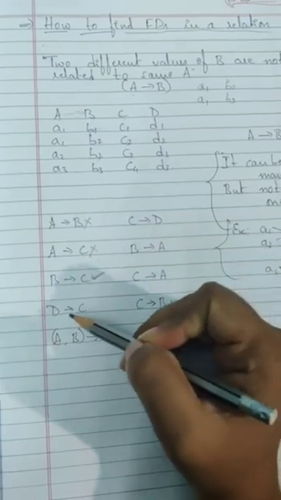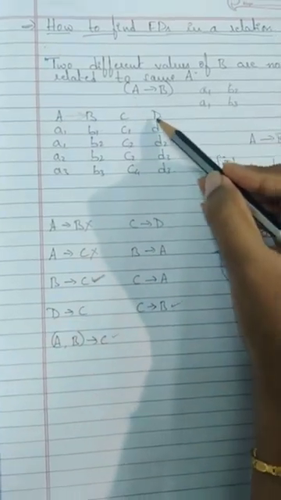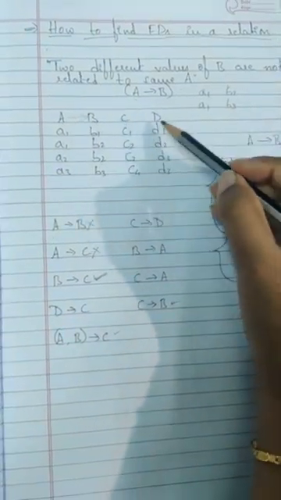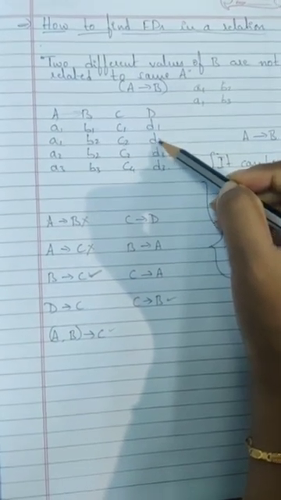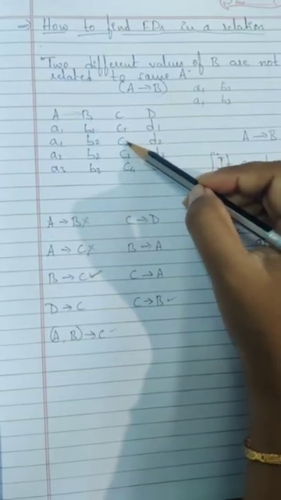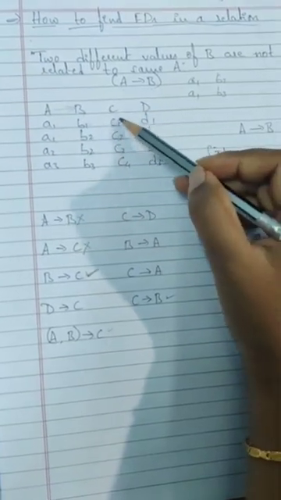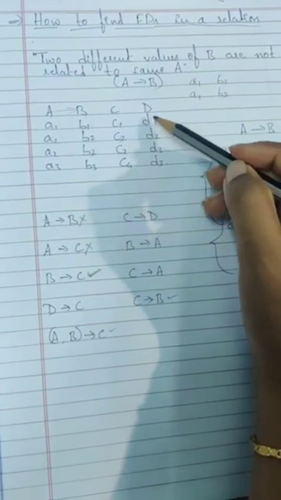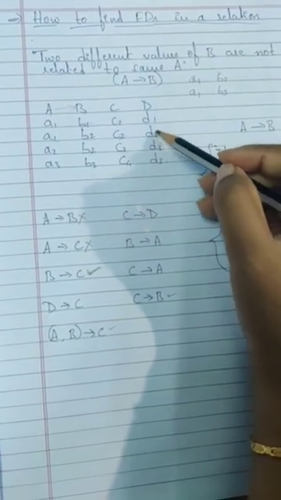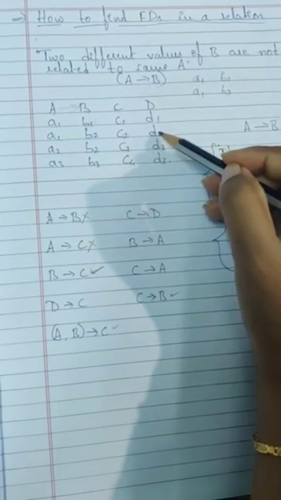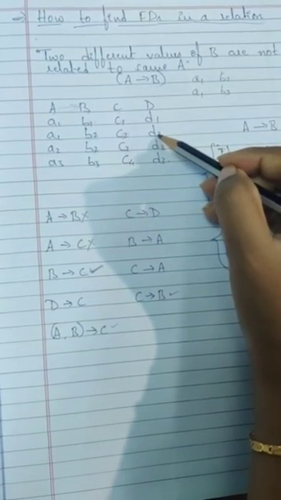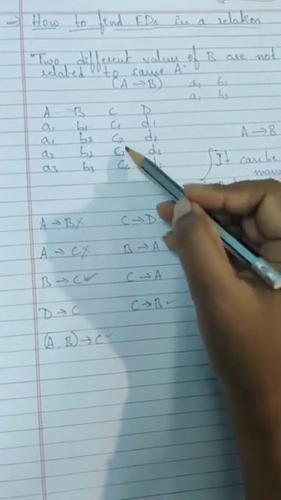Then we have D determines C. Two different values of D are not related to the same A. This combination is true. We will check for this one. Sorry, we have to check here.